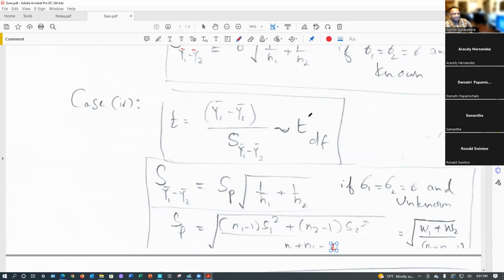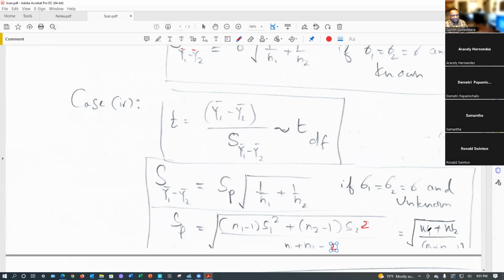Then it's going to be distributed according to the T distribution, but your standard deviation would be the pooled standard deviation times the square root of 1 over n1 plus 1 over n2, where the pooled variance is nothing but the weighted combination of the corresponding variances, (n1 minus 1) S1 squared plus (n2 minus 1) S2 squared, divided by n1 plus n2 minus 2.